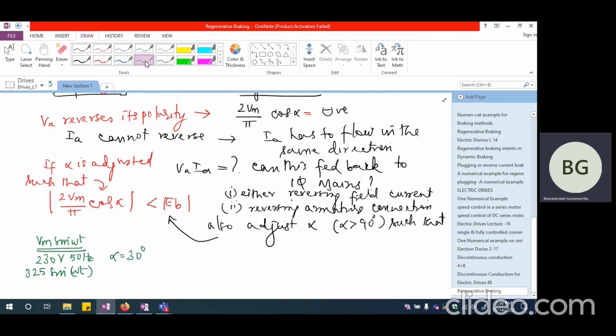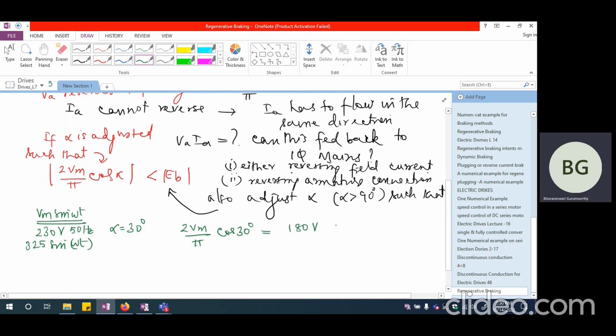So 2 Vm by pi cos 30 will be approximately 180 volts. If the machine has 1 ohm armature resistance, and we are talking about a current of 10 ampere, then the back EMF is 180 minus 10 multiplied by 1. So this is going to be 170 volts.